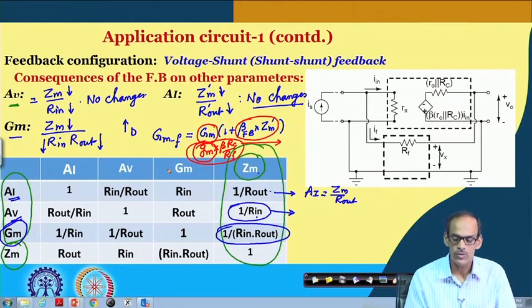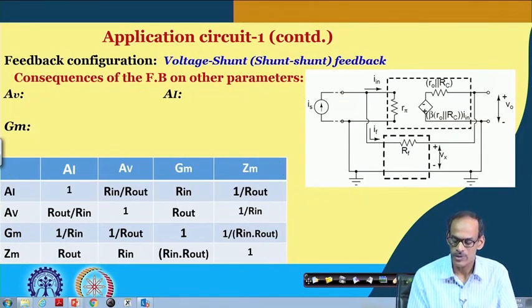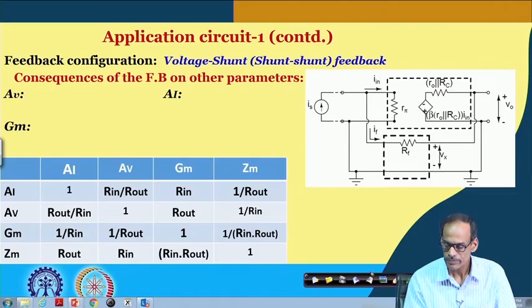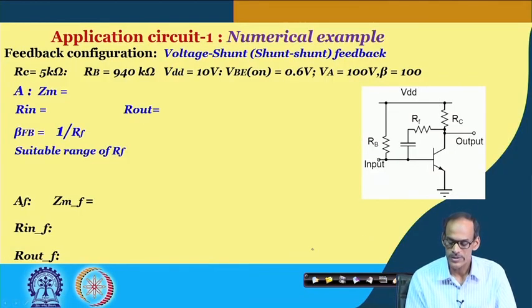Now, let us look into a numerical example associated with this application circuit to get a feel of the value of different parameters, or particularly how to get the value of this Rf. In the next slide we have the same example with specific values of different bias elements as well as the device parameters.